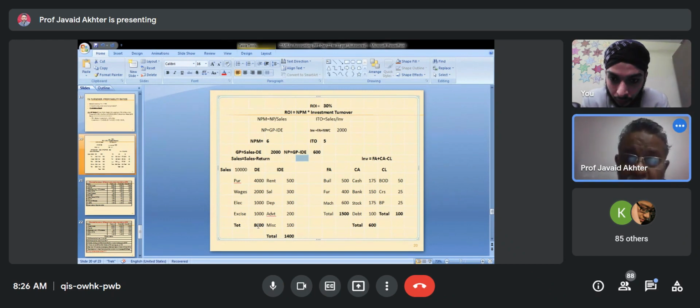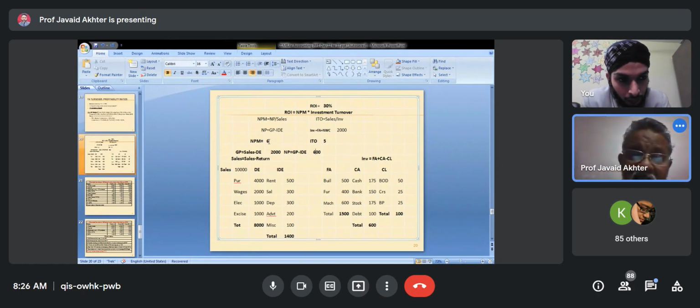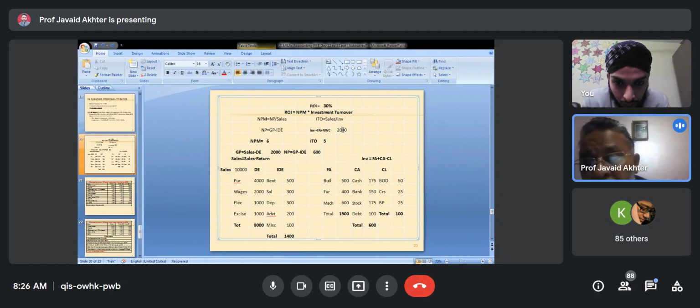You know direct expenses figure. So you will enter a formula. Whatever cell reference is here and whatever cell reference is here, this 600 will be automatically calculated. Similarly, 6 and 5 will also be automatically calculated. Similarly, this 2000 will also be automatically calculated.